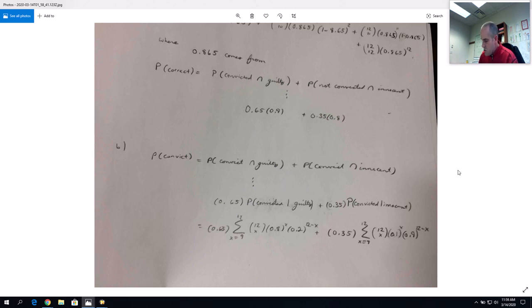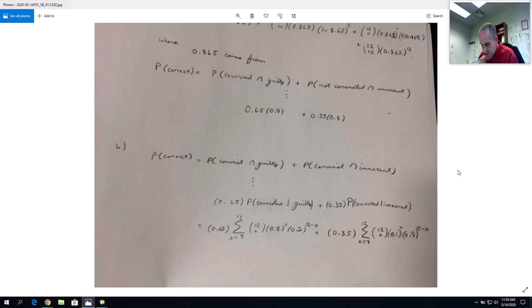So what's the probability that they are innocent? Well, that's 35%, 0.35. And then you have to multiply by the probability that they vote to acquit, given that they're innocent. Well, I think that's right here in the problem. It says, whereas the probability that a juror votes an innocent person guilty is 0.1.